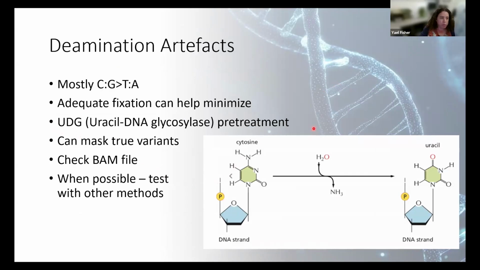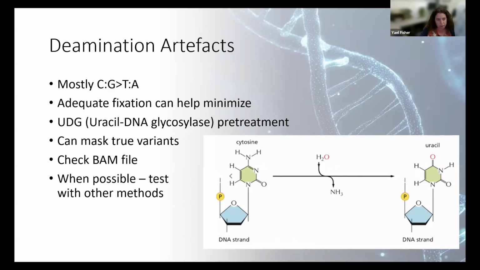You can do a pre-treatment with uracil DNA glycosylase. The reason this works is that the deamination actually changes the cytosine residues into uracil. Uracil in RNA is the parallel to the T in DNA.